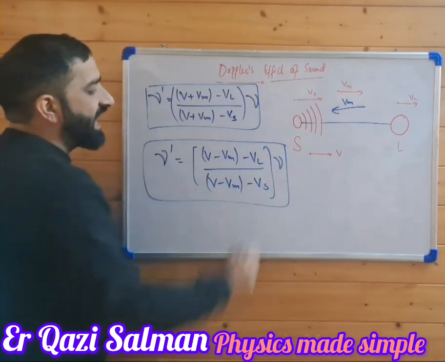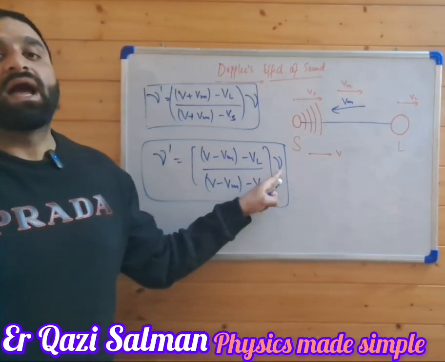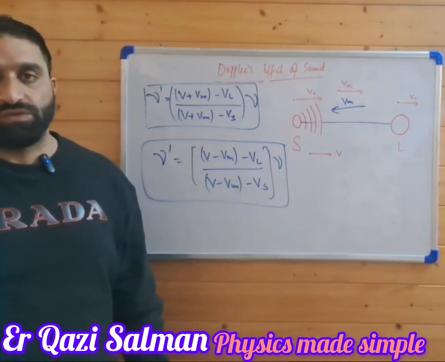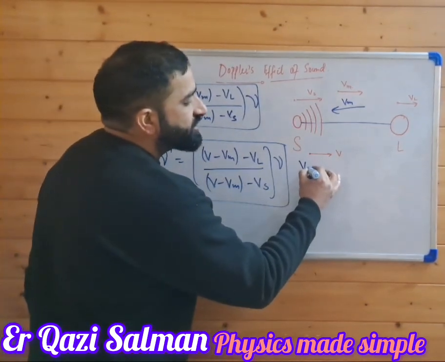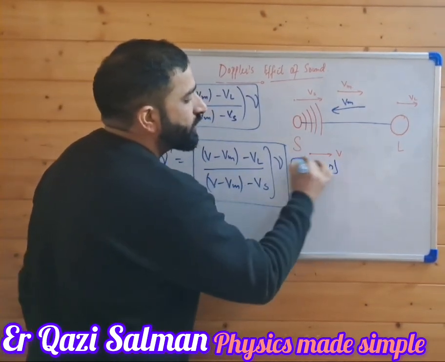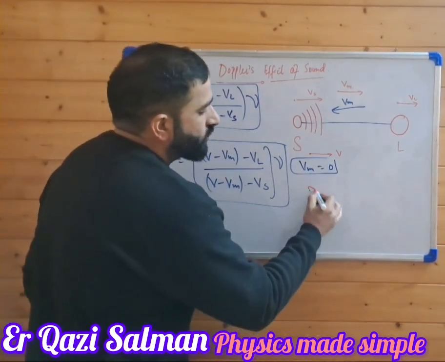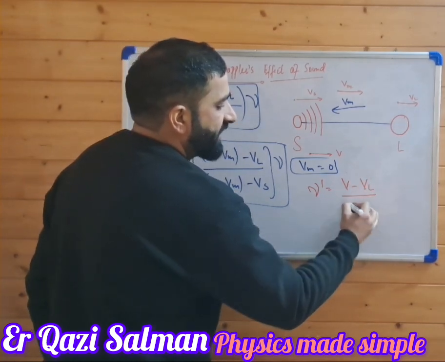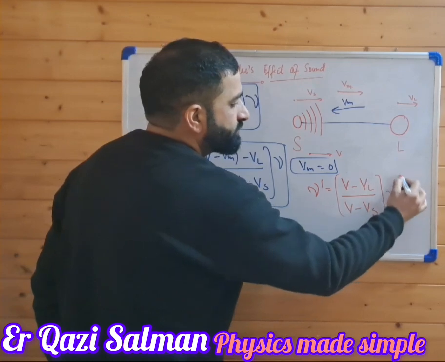That means the apparent frequency is different from the actual frequency of the sound that is produced by the source. In another general case, if we take the velocity of the medium to be equal to 0, in that case the apparent frequency nu dash is equal to v minus vl divided by v minus vs into nu.